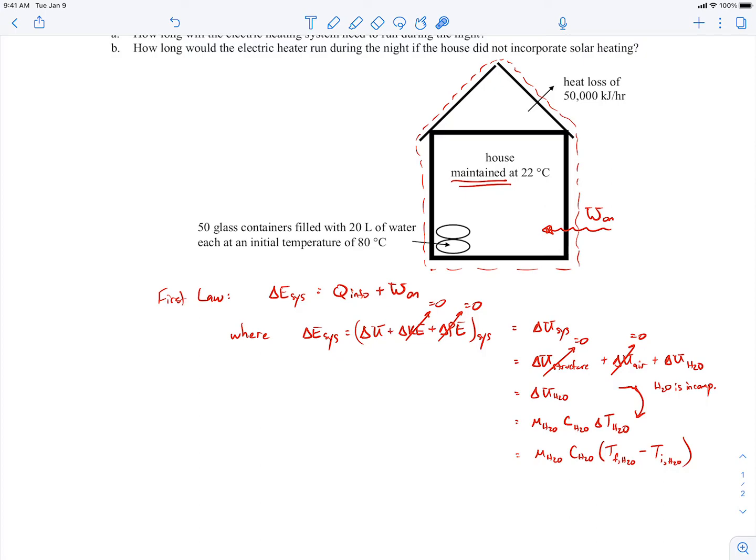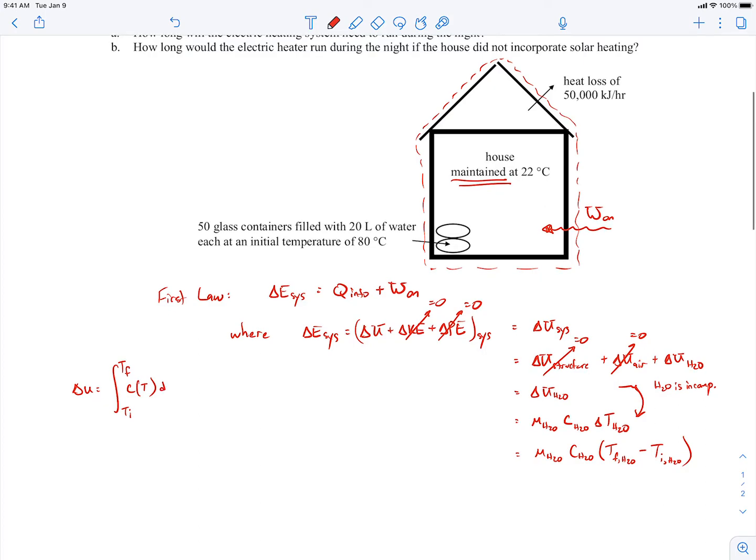Technically, let me just write it over here. So the change in specific internal energy would be the integral, as you go from some initial temperature to some final temperature, of the specific heat of the incompressible substance, which is in general a function of temperature, times a small change in temperature. So that's for an incompressible substance.